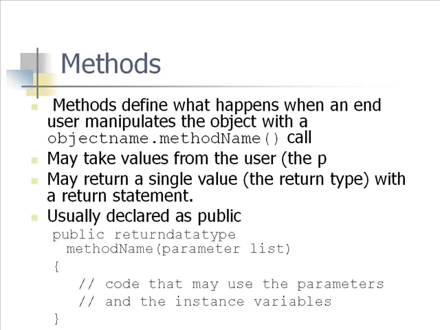Methods. Methods define what happens when an end user manipulates the object. The end user, usually the program with the main method, is going to manipulate our object with some objectname.methodname call. It may take values from the user, the parameters, and it may return a single value.